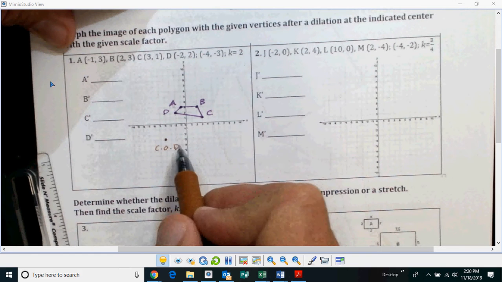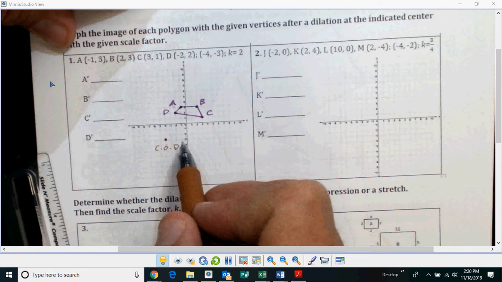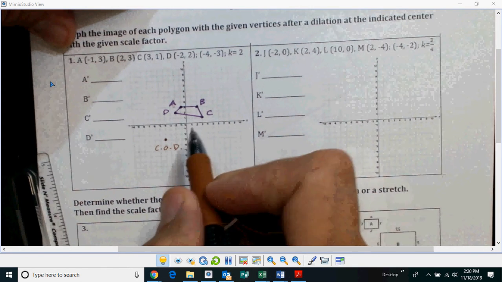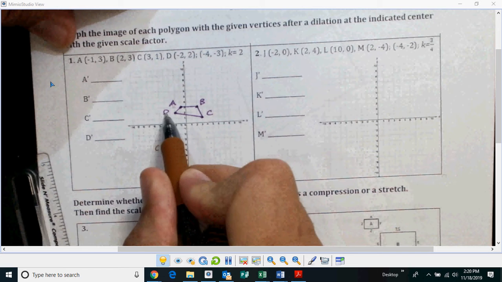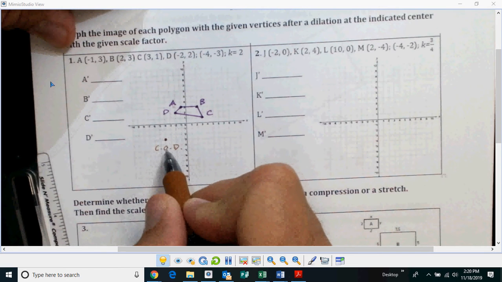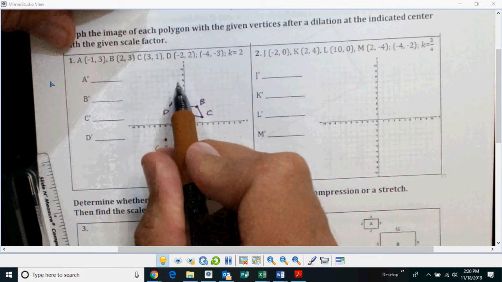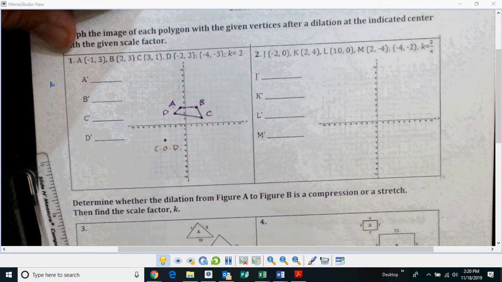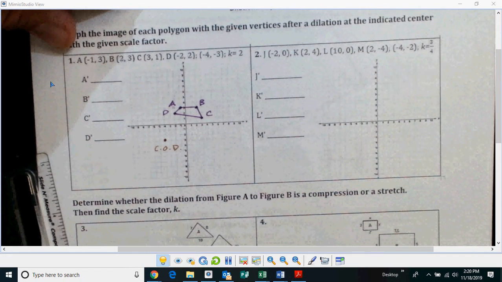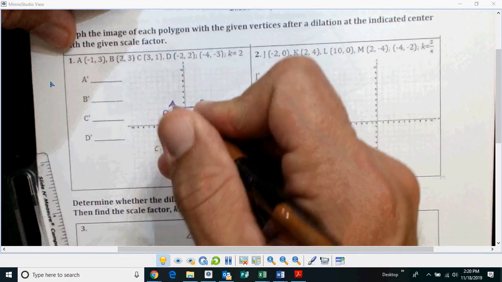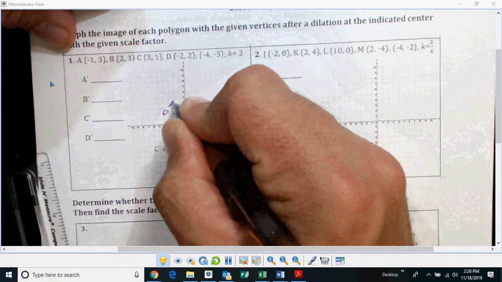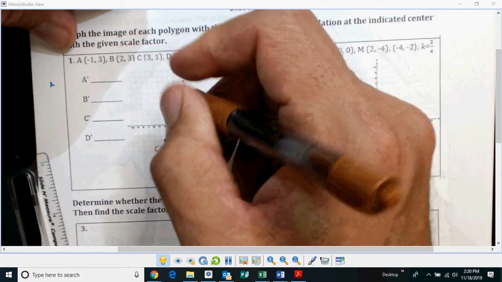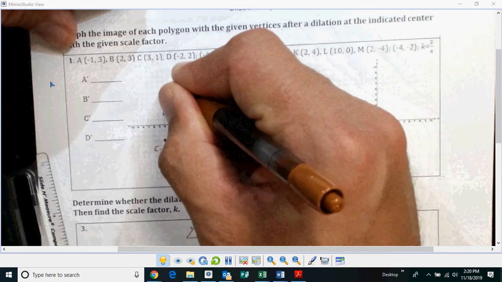Let's think just vertically to begin with. I go up 5 units to get to where D is. So how many units will I go up to get to the new D? Up 10. If I go up 5 over 2, I'm going to go up 10 over 4. So I need another 5 up and 2 over. There's my D prime.